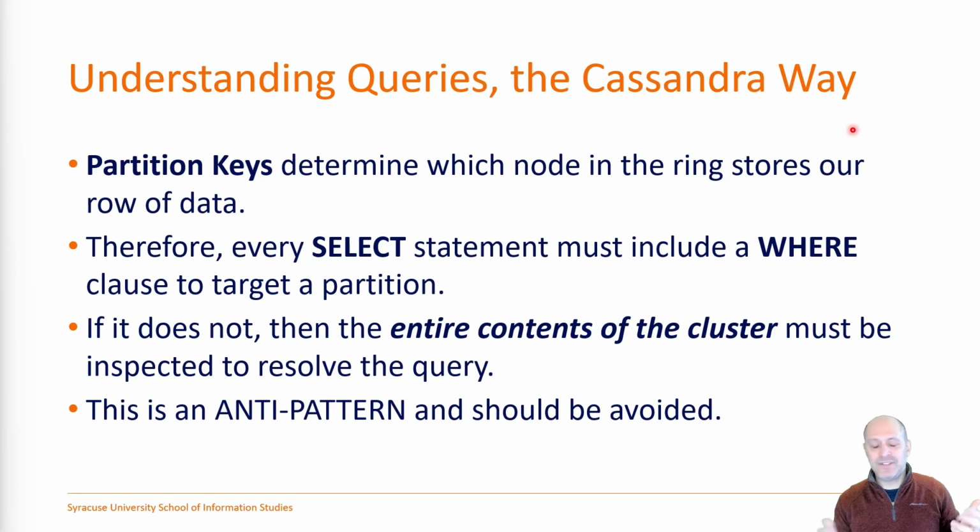So it might have to ask 25 nodes, do you have the data I need? Do you have the data I need? And then it has to somehow assemble that. And because there's no single master, it has to shuffle that data around to the node on which you ran the query. So we consider this an anti-pattern, and you don't want to do this.